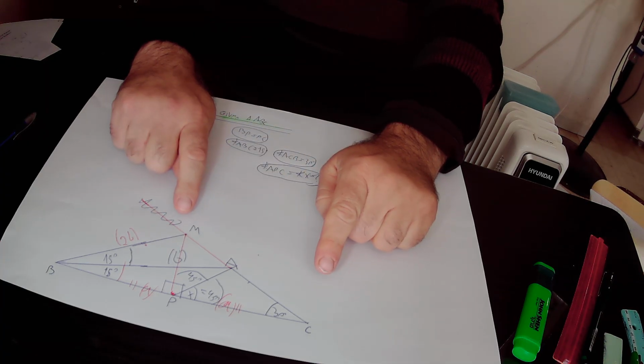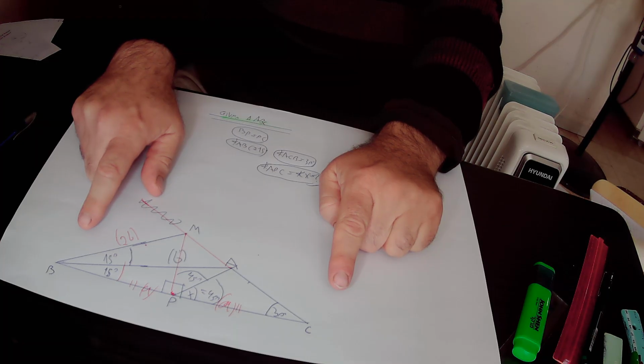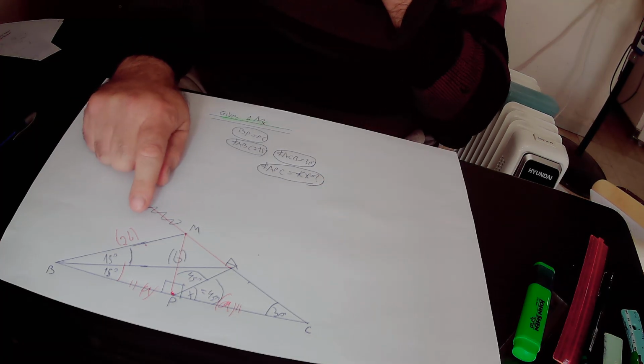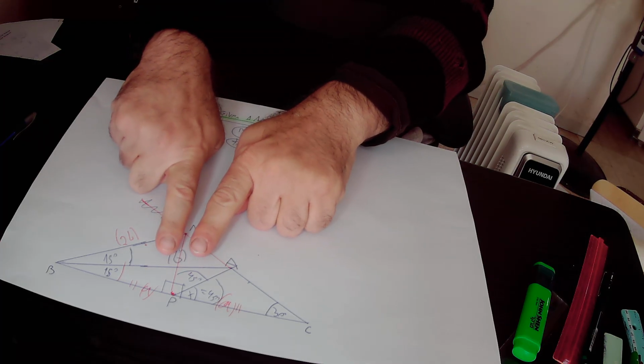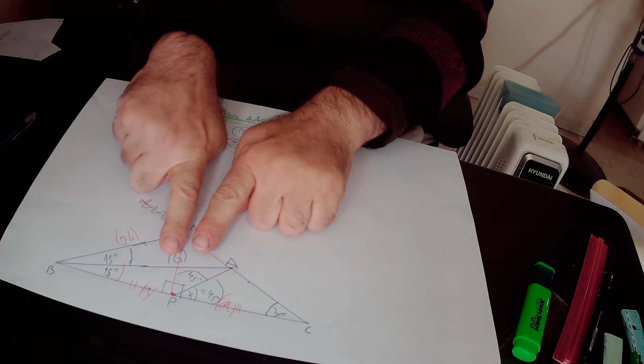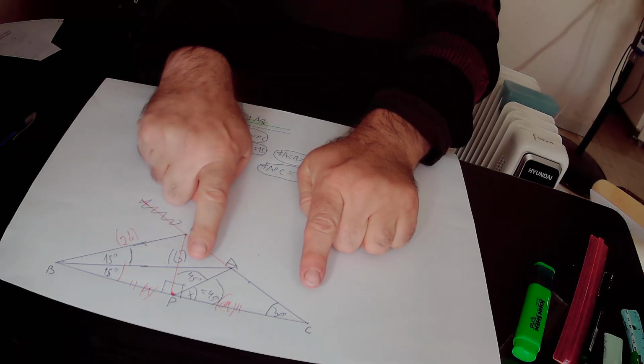Because the perpendicular from point M bisects the base BC, it divides the base BC into two halves. Therefore, the perpendicular from point M must touch the base BC at point P. Why? Because point P is the midpoint of BC. Why is point P the midpoint of BC? Because BP equals PC.